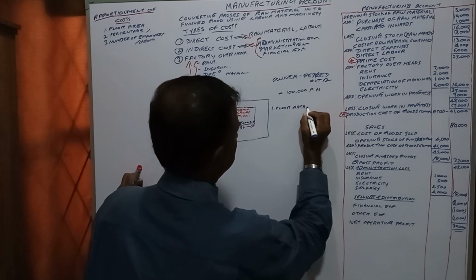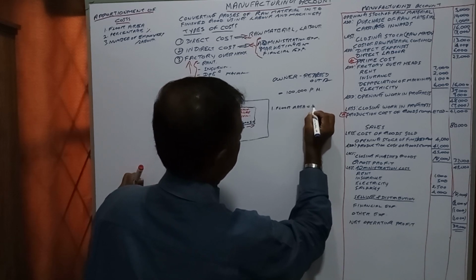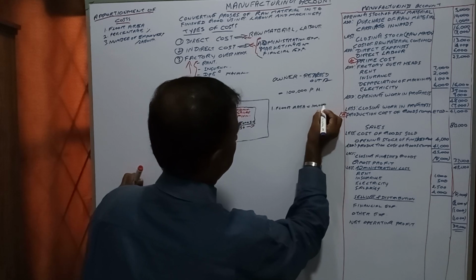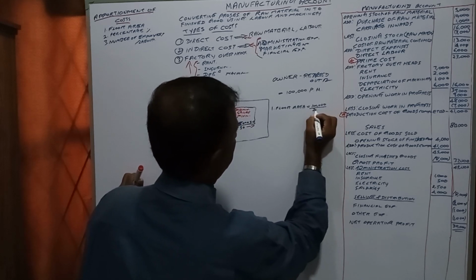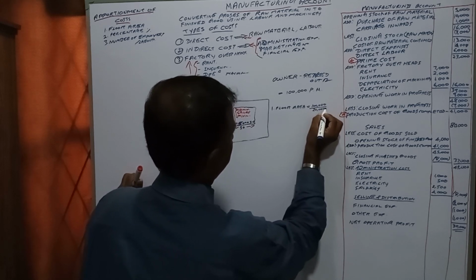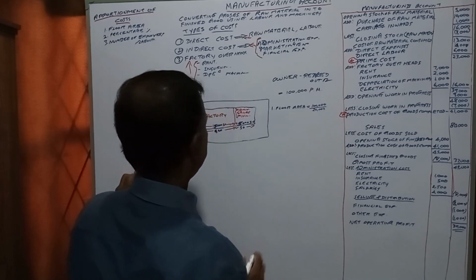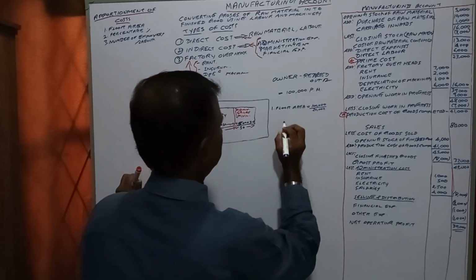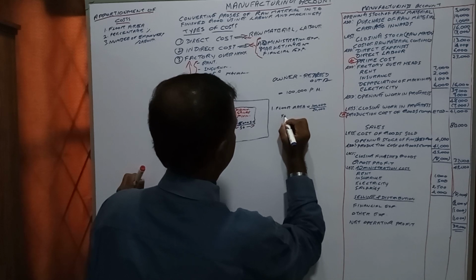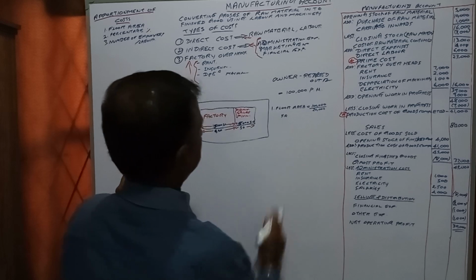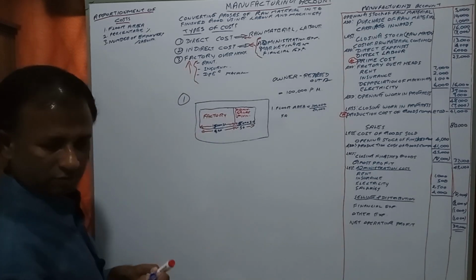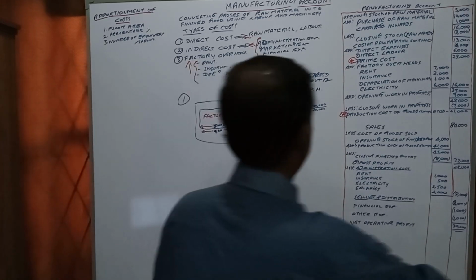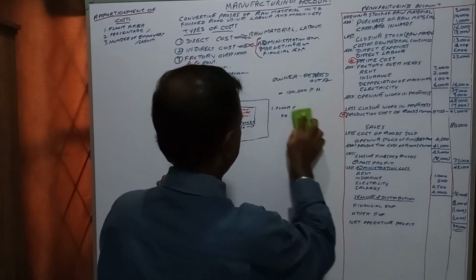Area means 100,000 divided by 20,000 square feet, into the relevant factory area. We can put it in the easiest way, right?